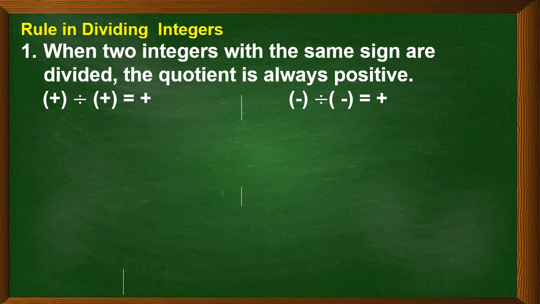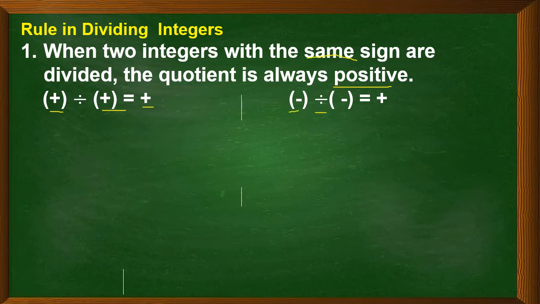First, when two integers with the same sign are divided, the quotient is always positive. So remember, same sign, positive. So positive divided by positive, that is equal to positive.